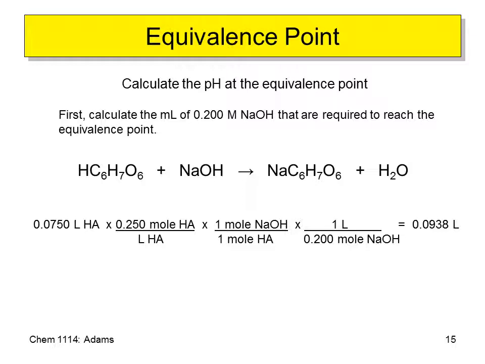Using dimensional analysis, we're going to multiply by the mole ratio of sodium hydroxide to the monoprotic acid, and then divide by the molarity. We will get 93.8 milliliters, or 0.0938 liters of base required.